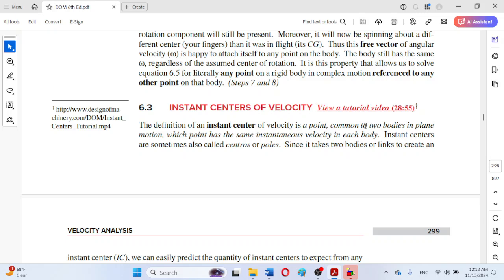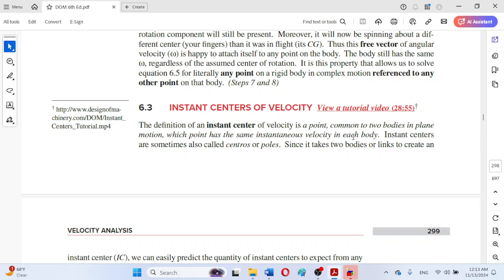There may be two bodies which have different motions in a plane, but that point is common to both and has the same velocity in both bodies.